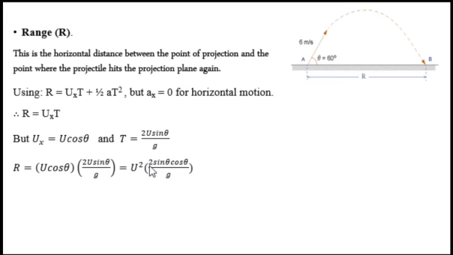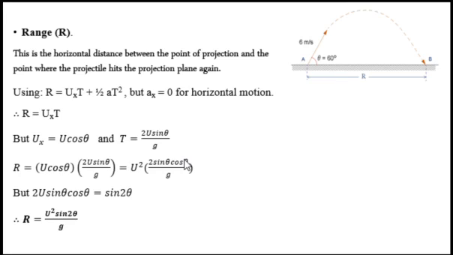So if I substitute here, I'll have my range equal to u squared sin 2 theta over g. That is the range: R equals u squared sin 2 theta over g.